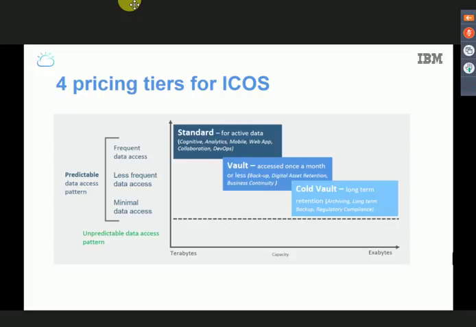So remember, when we were talking about Hadoop archiving, if your data is more than 60 days old and you expect it to never be accessed, or if it does get accessed, it will be very infrequent, you choose the cold vault pricing. So in the previous slide, we said the first 30 days, it remains on Hadoop. 30 to 60 days, it goes on Vault. And then after 60 days, it goes on cold vault. So that was basically the workflow in the previous slide example.